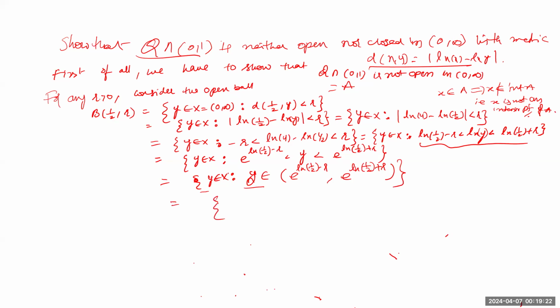This set is nothing but the open interval 1 by 2 times e to the power of minus R comma 1 by 2 times e to the power of R.